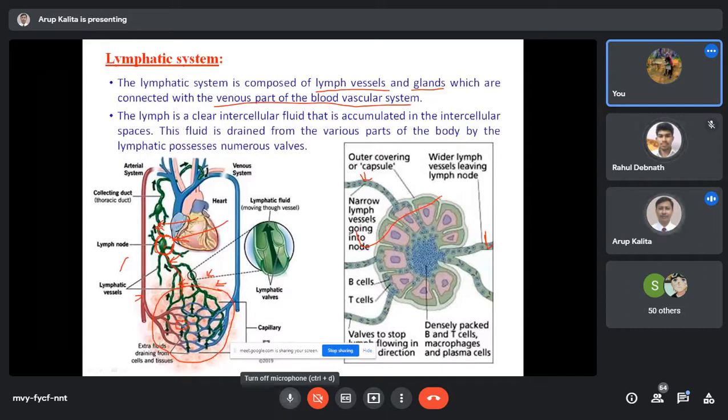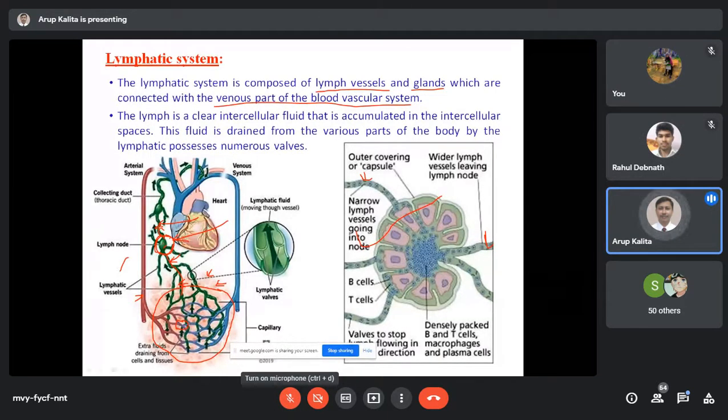Yes, sir. So when the lymph flows, it is always coming from the periphery towards the anterior vena cava, because ultimately the lymph will pour into the right atrium via the anterior vena cava. Now when the lymph flows, it will cross the lymphatic gland, that is the lymph node.